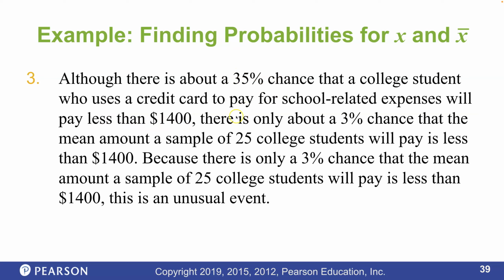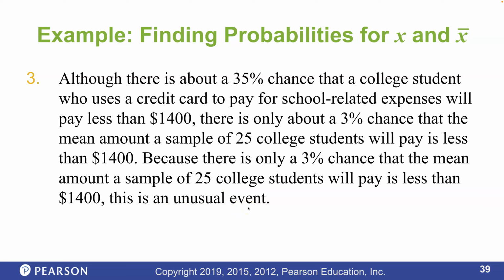There is only about 3% chance, if you look at the group of 25 students, that the mean amount a sample of 25 college students will pay is less than 1,400. Remember, we compare that to 5%, because 3% is less than 5%, we will say this is an unusual event, okay?